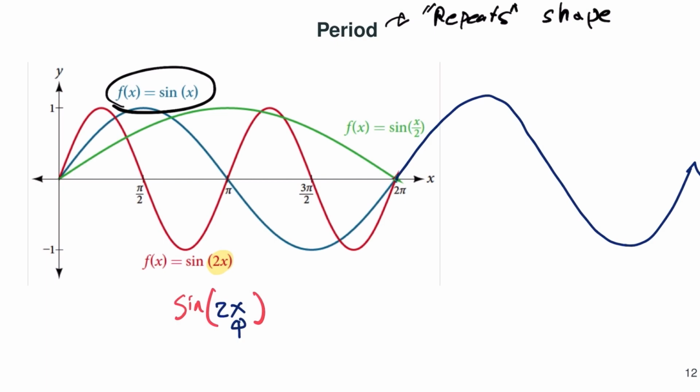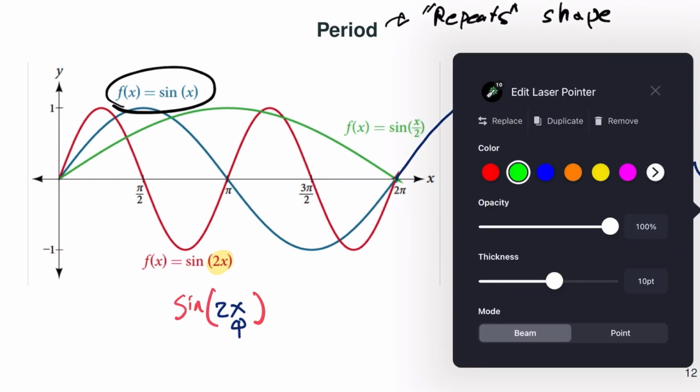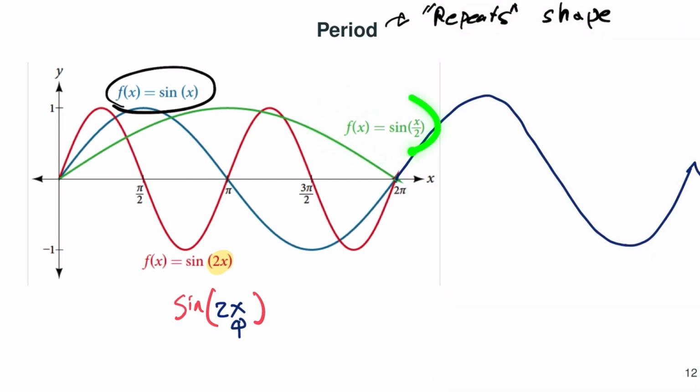So in this case, the period actually gets smaller. If you look at the red graph, this is 1 period. It repeats every pi now. If you can imagine the blue graph shrinking this way, getting narrower, kind of like an elevator door closing, that's how we get the red graph. If you have sine x over 2, which means we're dividing the input quantity by 2, we have a longer period.